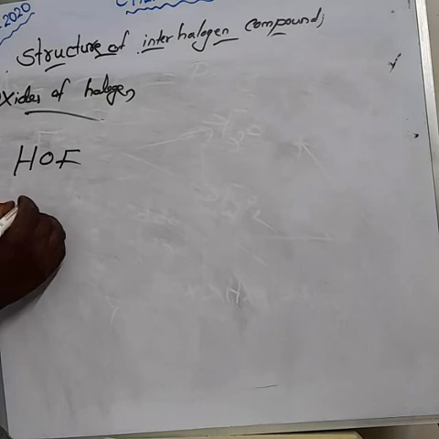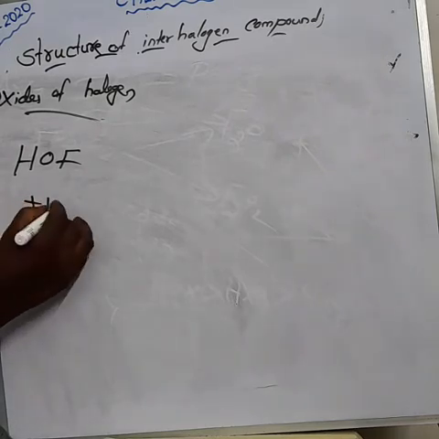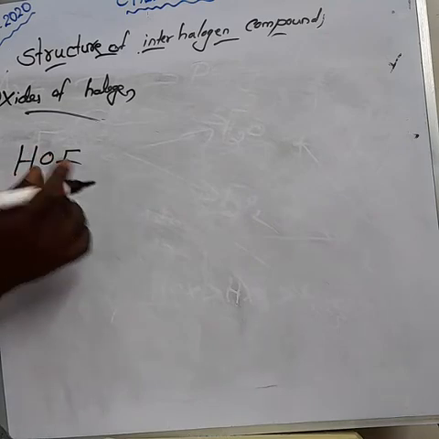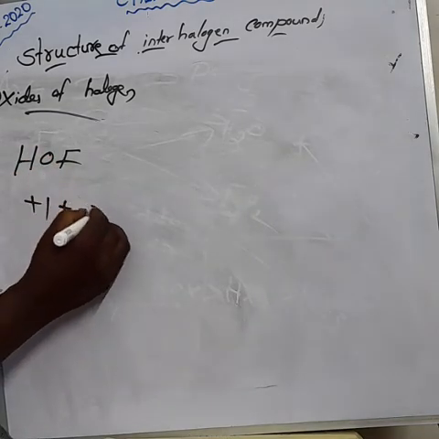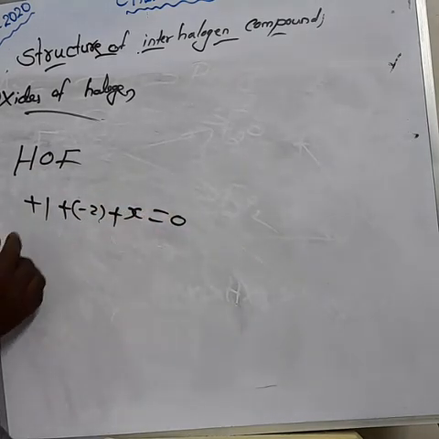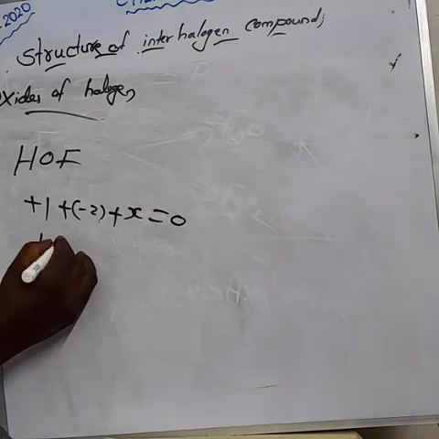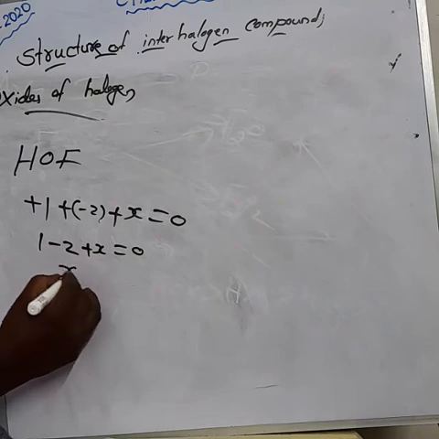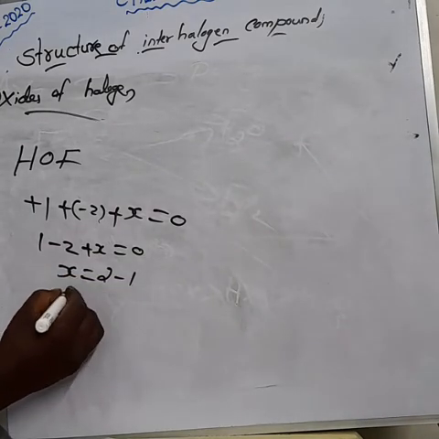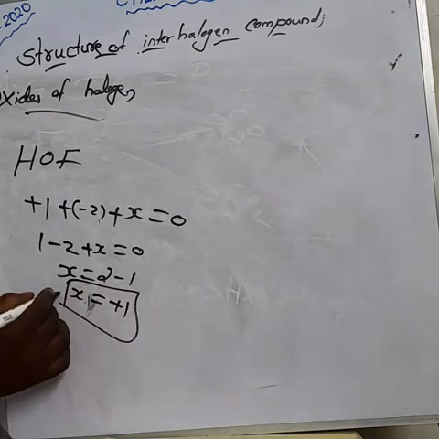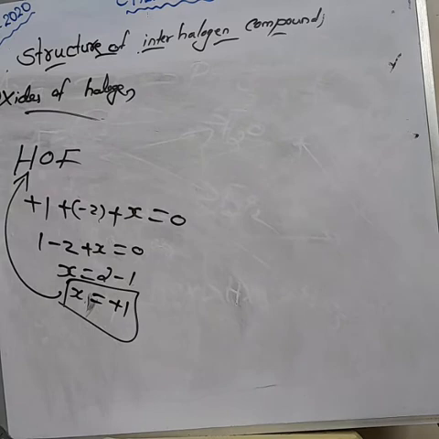So we take +1, plus X, and oxygen is -2, plus fluorine taken as X, equal to 0. So 1 minus 2 plus X is equal to 0, so X is equal to 2 minus 1, so X is +1. This is the oxidation state in HOF.